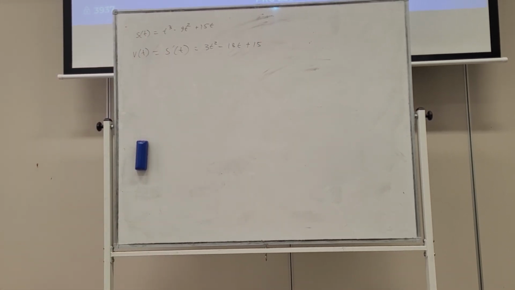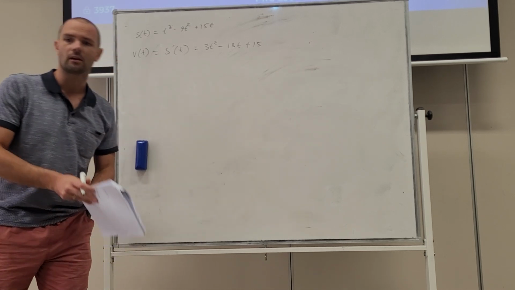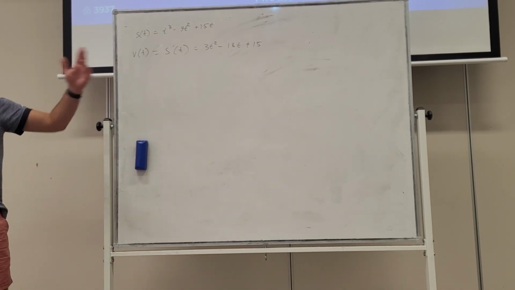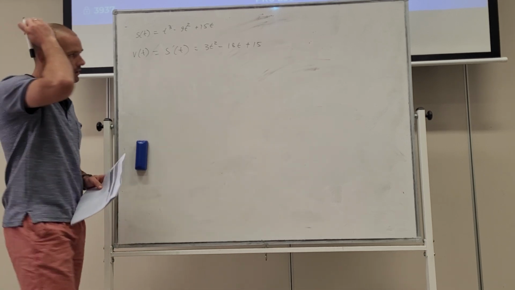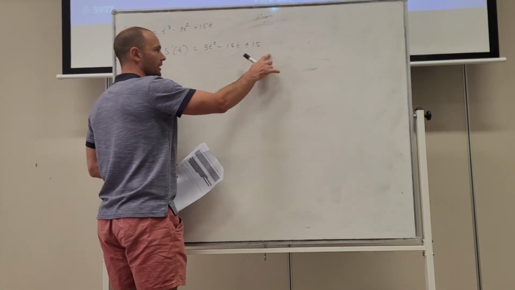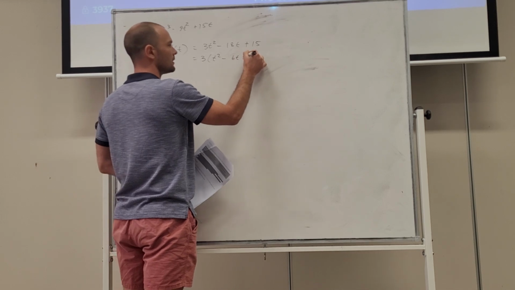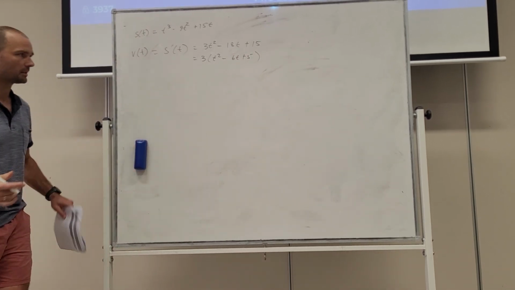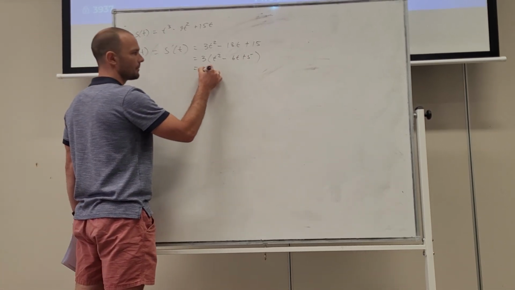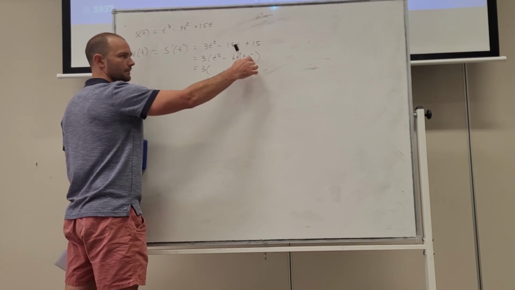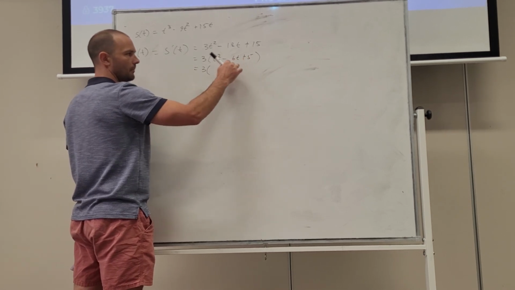Now we can get a sign diagram straight from there in our calculator, but whenever the opportunity arises, I'm always going to draw out these algebraic skills. One way we can find this sign diagram is by factorising it. 3 times t squared take 6t plus 5. We have two numbers that multiply together to give us positive 5, and when we add them together, we get minus 6.